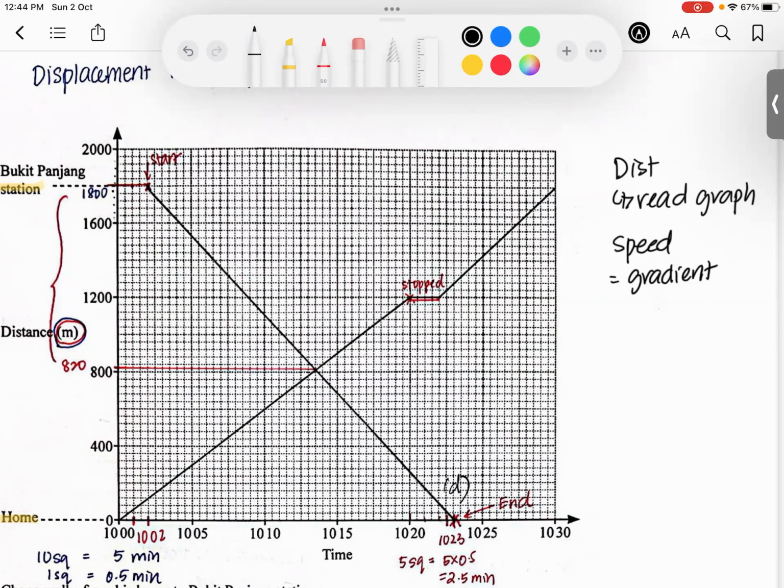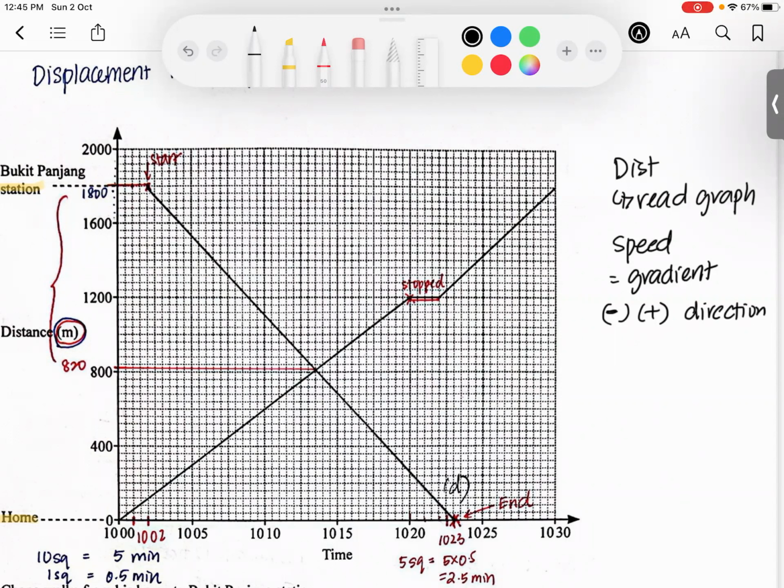But now sometimes my speed over here can have a negative. The negative or the positive sign for the speed is for the direction. Is it away from the fixed point or returning back to the fixed point? So when it goes away, the distance keeps increasing, so the direction will be away from home, so the gradient will be a positive gradient.